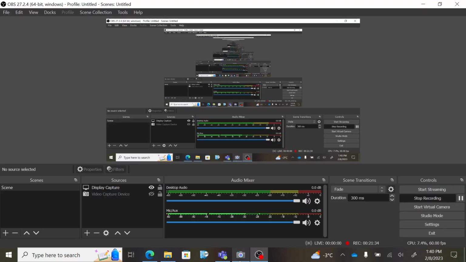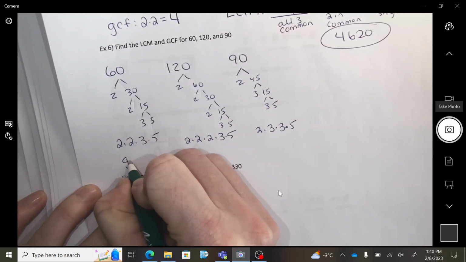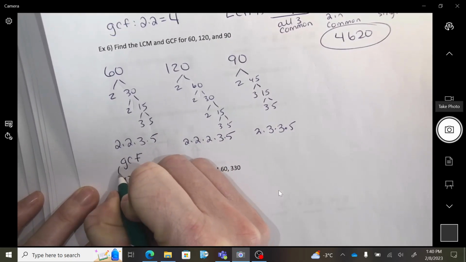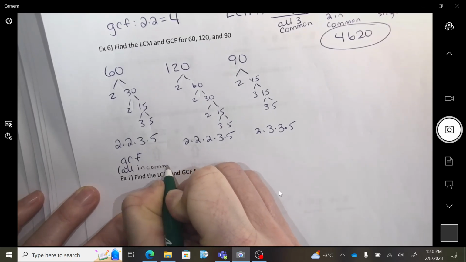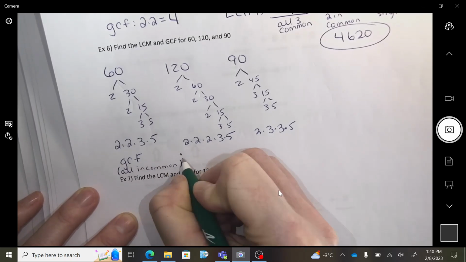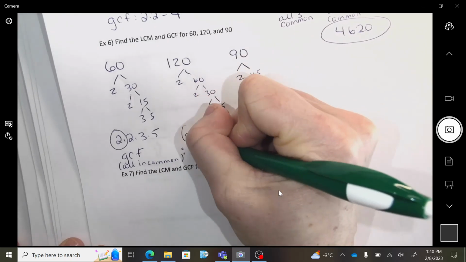Okay, again, I'm going to give you your own minute here. You can get your own tree. Okay, so the GCF is the question to what is all in common. So you'd have to have it in all 3. So let's see what we can find. I can see a 2.